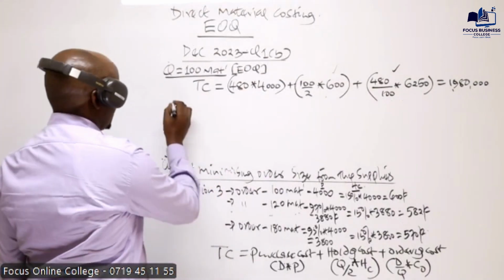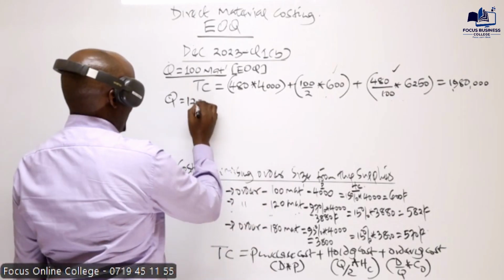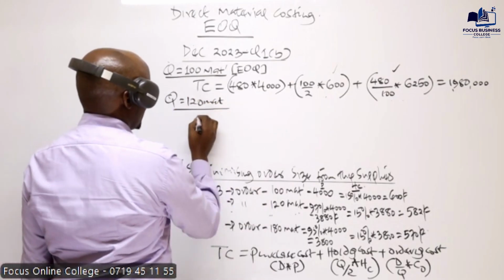Having that, we need to evaluate the other option, which is ordering 120 mattresses. We do the same.